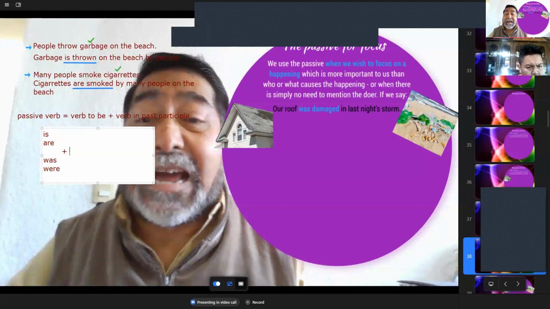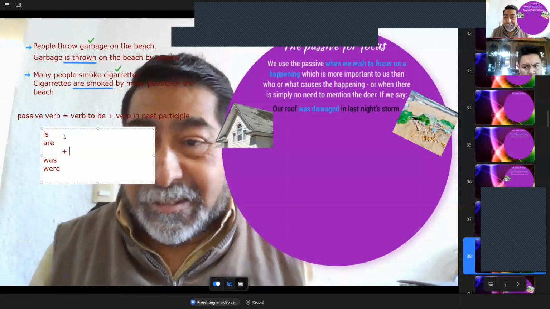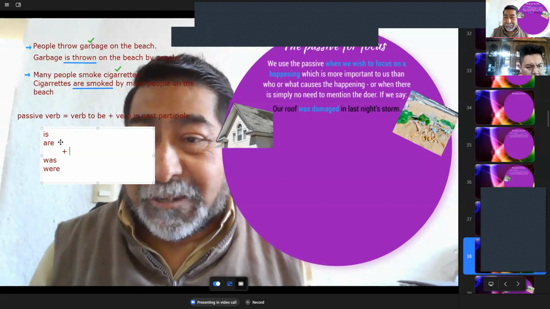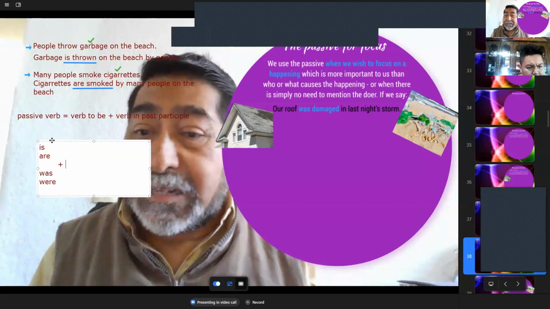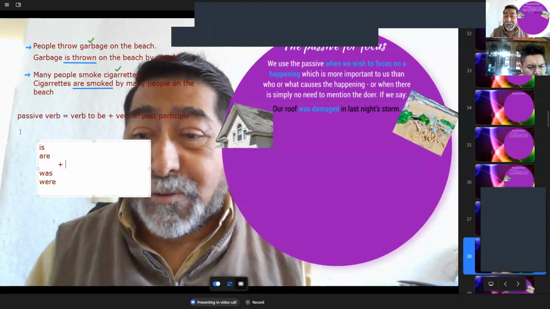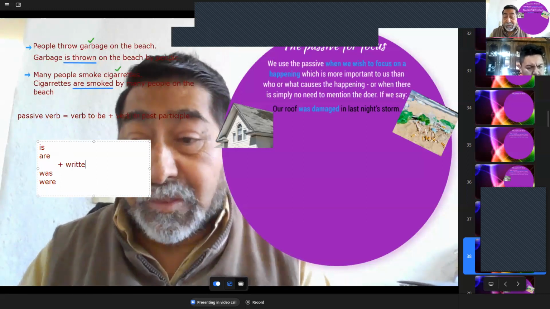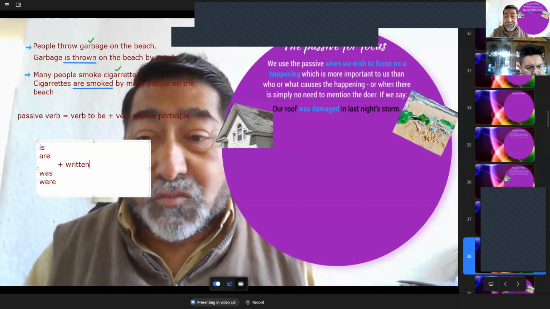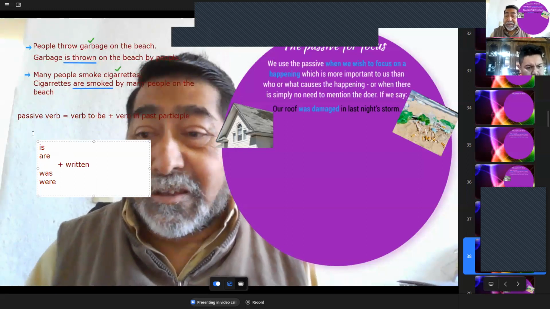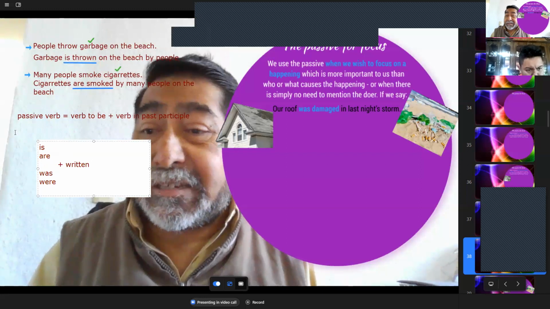For example, I say in this idea, let me see. We can say in present, plus, I don't know, written. Here we have this example.